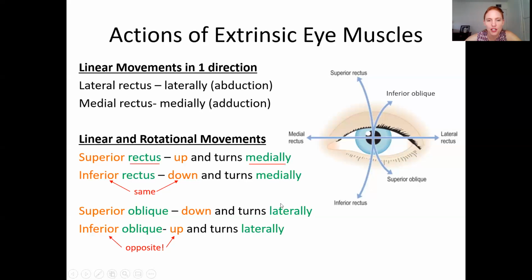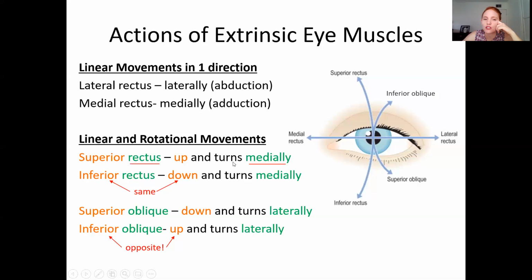Sometimes remembering that it's opposite will help you remember what it is. The other thing to notice is that all of the ones that say rectus, the superior rectus muscle and the inferior rectus muscle, are always going to be rotating it medially, so again, towards the nose. If you're up, it's going in. So up and in, that's superior rectus. And down and in, again still in, that's the inferior rectus.